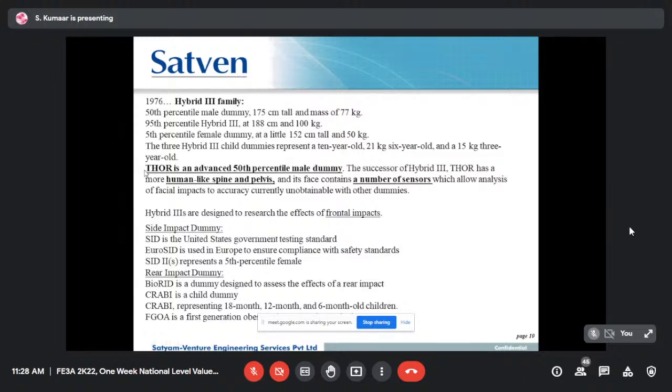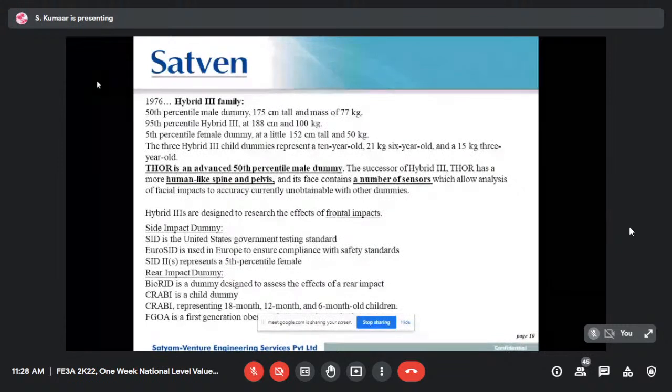It has more sensors, and it can accurately calculate all the deflections and other forces. Why? Because in the Hybrid 3 dummy, most of the parts are rigid parts. Wherever we need to measure, they keep either an accelerometer or a load sensor, or they use a potentiometer to measure the response of the dummy during the crash.